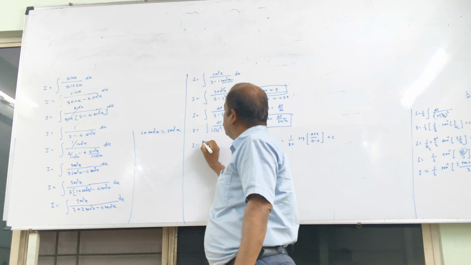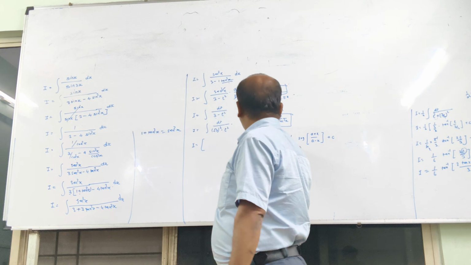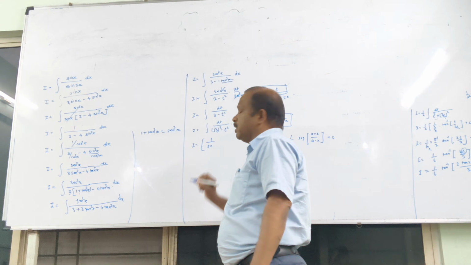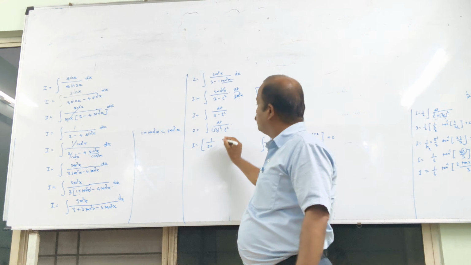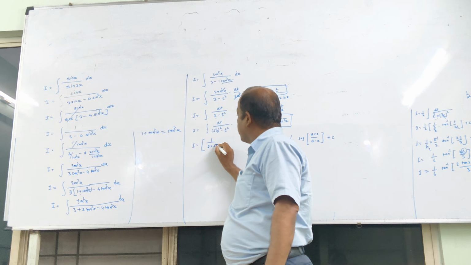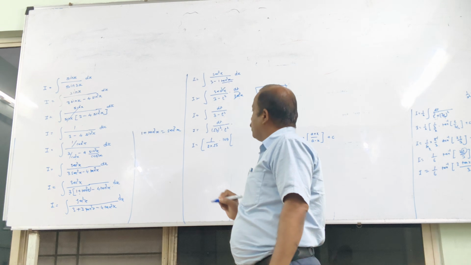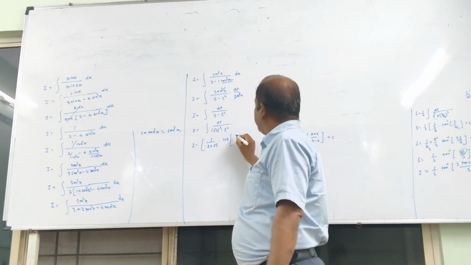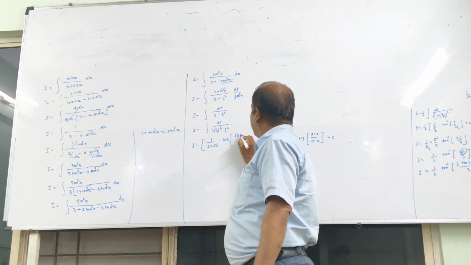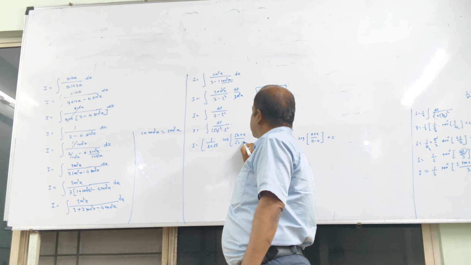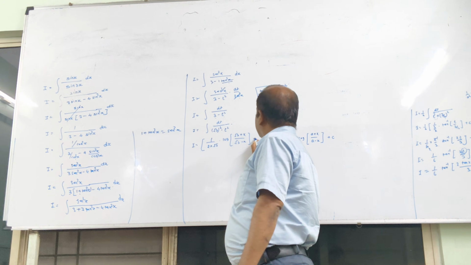I equal to 1 upon 2a. What is the number a? a is nothing but root 3. So 1 upon 2 root 3 into log of a plus x upon a minus x, that is root 3 plus x upon root 3 minus x, plus c.